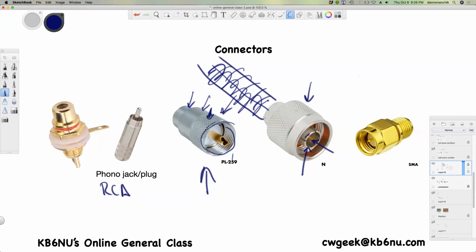I wouldn't say it quite that way. Here, think about it this way. So here's the coax, right? And here's the connector.